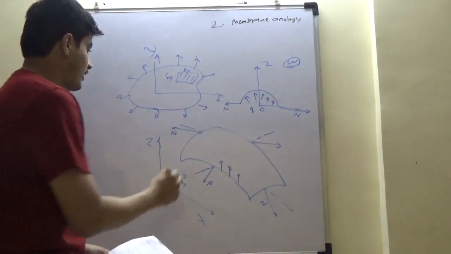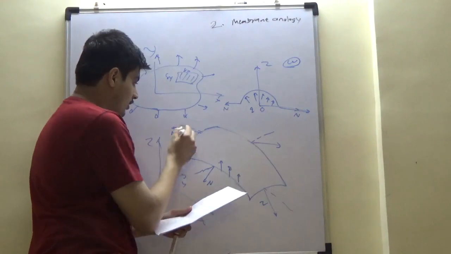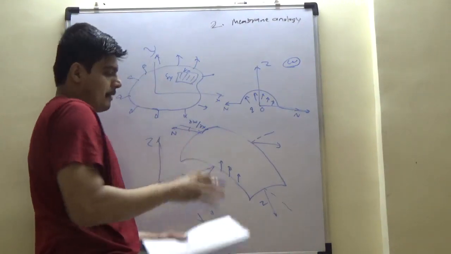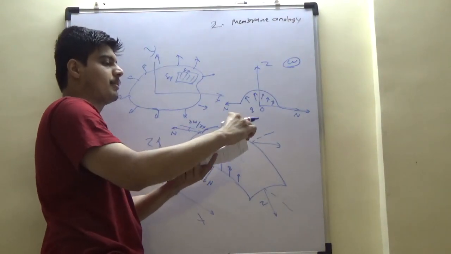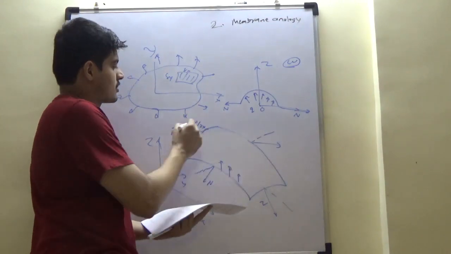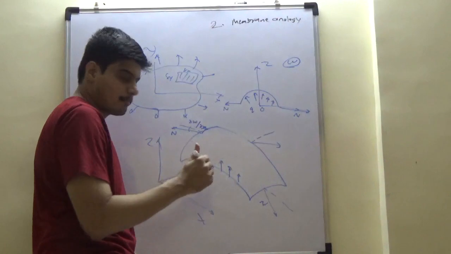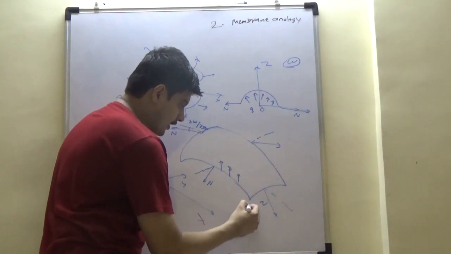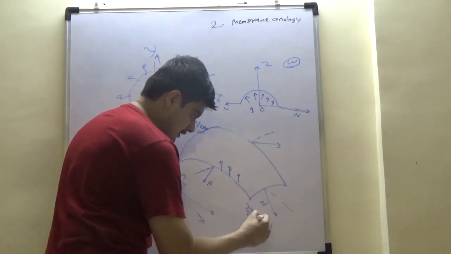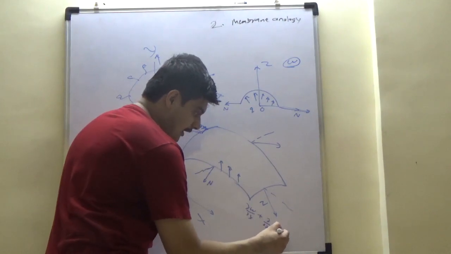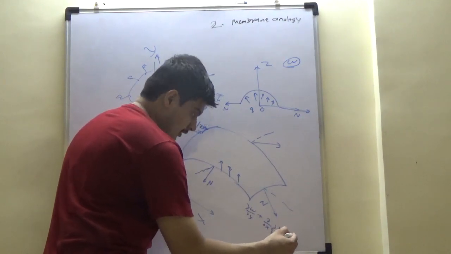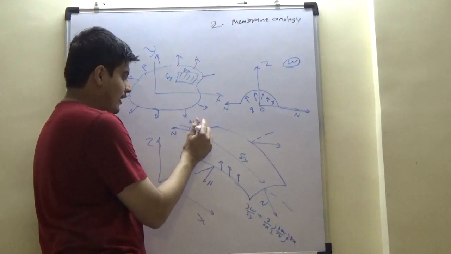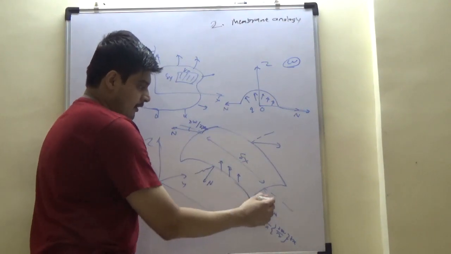It is a function of xy, which means over this edge, this angle is nothing but del W by del X. If the membrane was initially flat and this edge lifts up, the angle that it forms for infinitesimally small displacements is del W by del X. This W is a function of X, so at this point it is del W by del X plus del by del X of del W by del X into delta X, because this entire length is delta X. So the rate of change of del W by del X is what this angle is between the two.